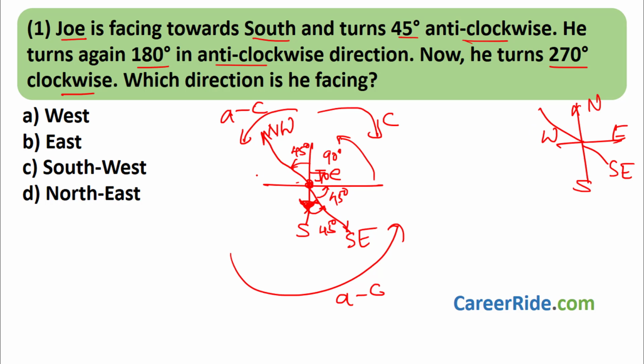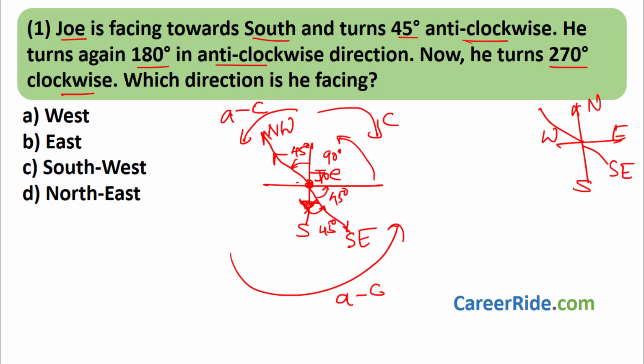Now he turns 270 degrees clockwise. Here Joe is facing northwest. Now we have to go 270 degrees clockwise. This is 45, this is 90, 135, again 90, that would be 225. So 90, 90, 180, 180 plus 45 is 225.